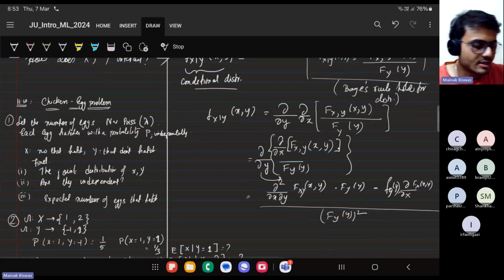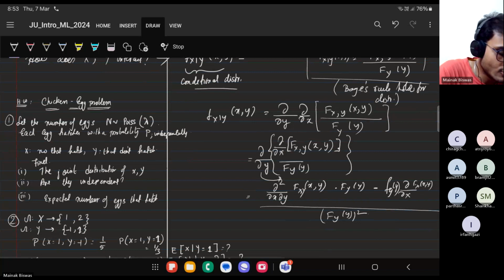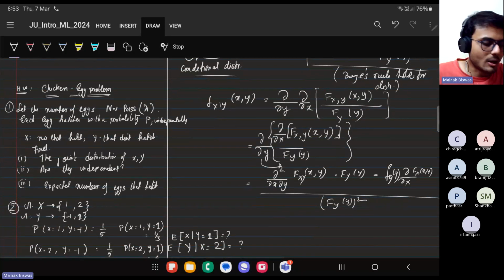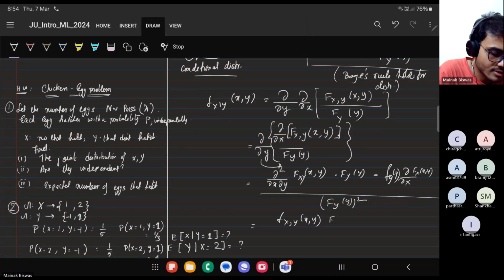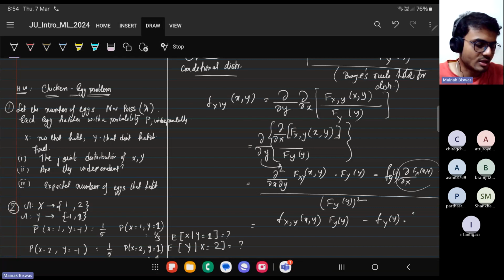So if you go about it, I think there is an error. You will have F of x y into F of y minus F of y into this derivative. So essentially you're not getting this using the double derivative definition.